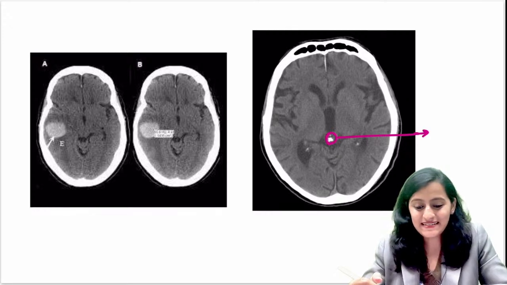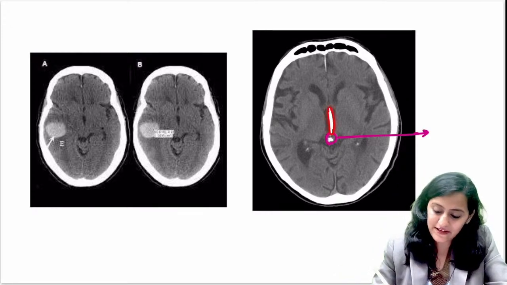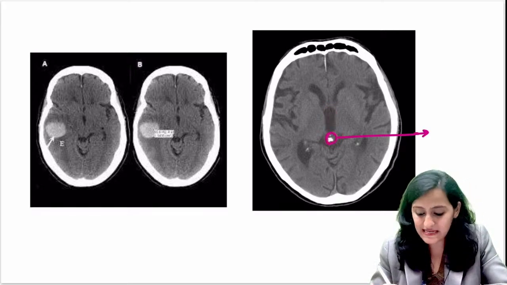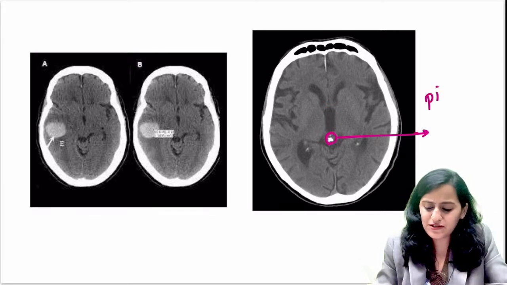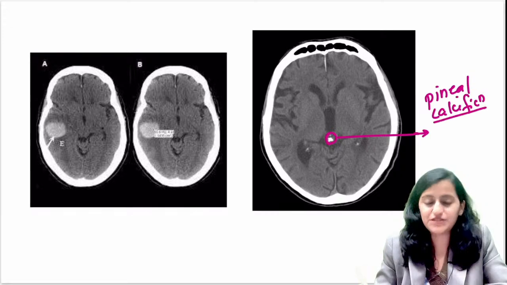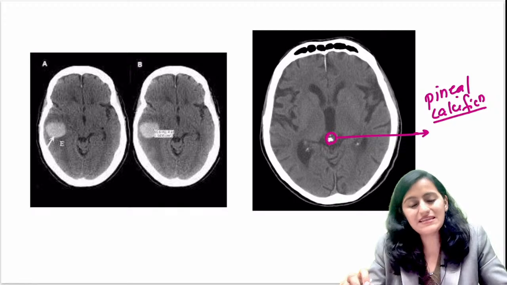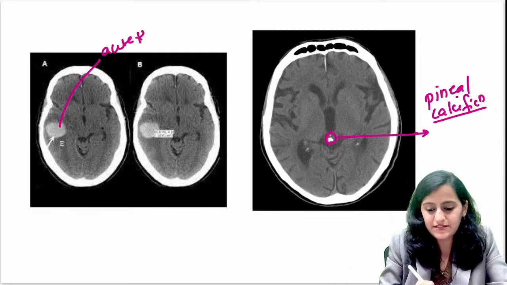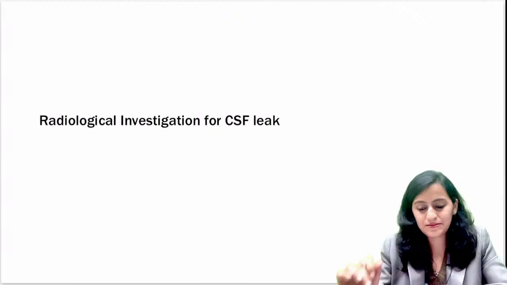Absolutely right. This is the third ventricle. Behind the third ventricle, posterior to the third ventricle, you have the pineal gland. So this is one of the physiological sites of calcification. This is pineal calcification. And this one is acute hemorrhage.